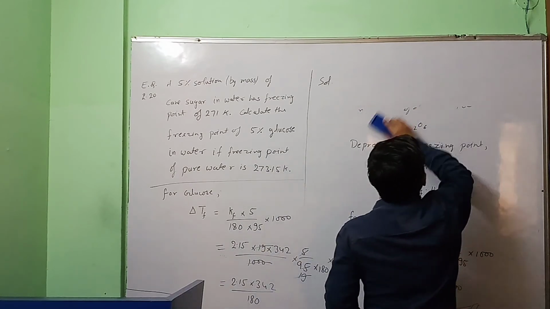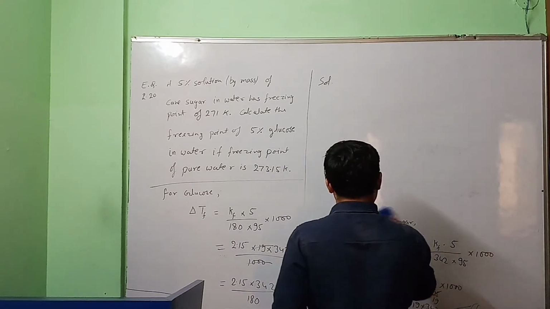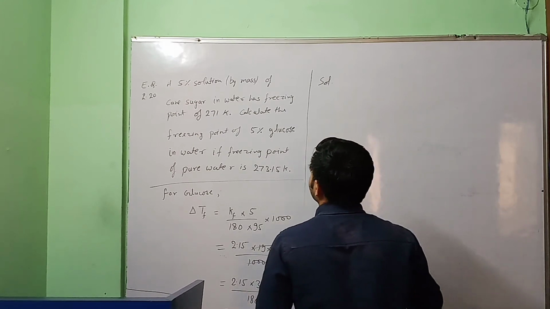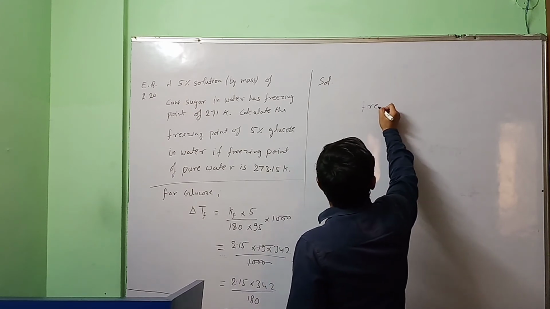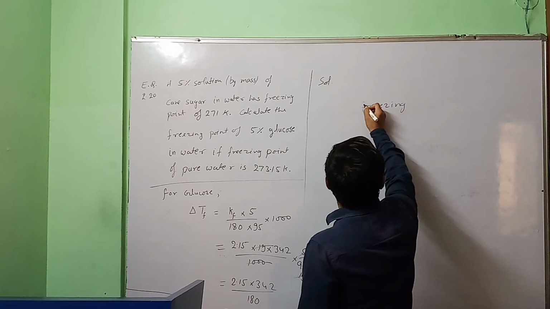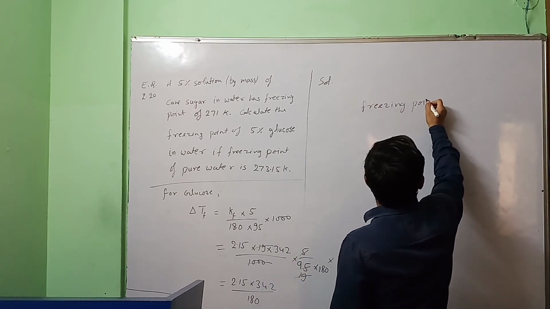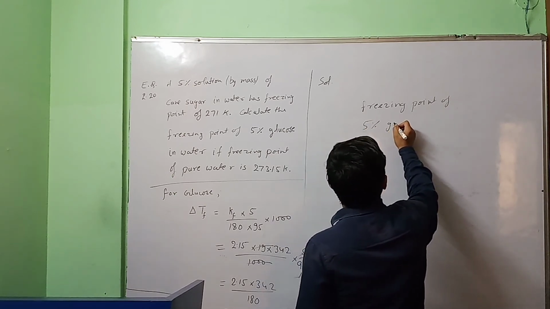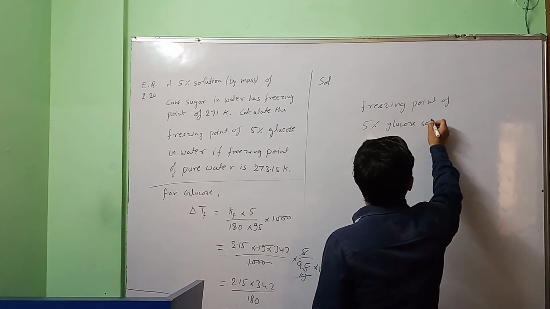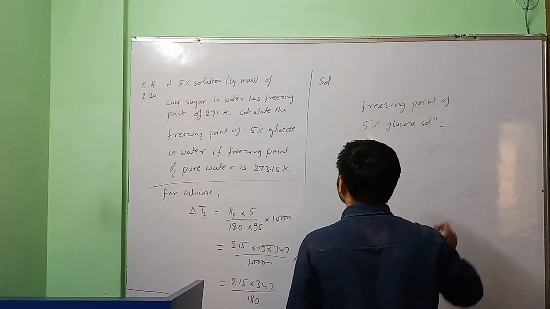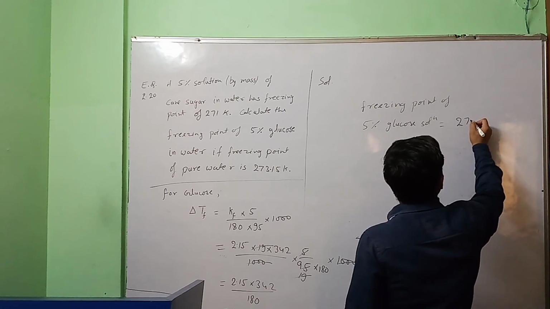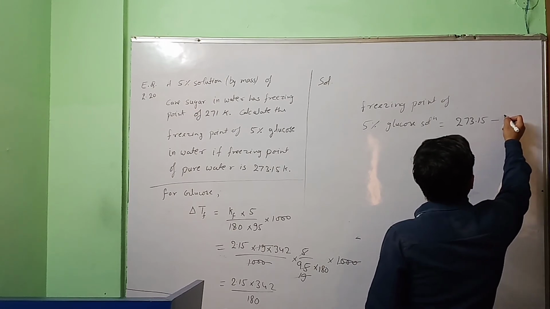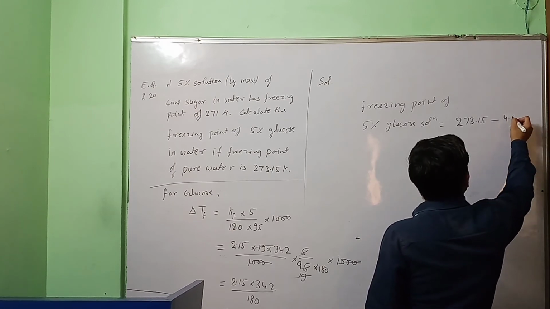So the freezing point of the 5% glucose solution is equal to 273.15 minus 4.08.